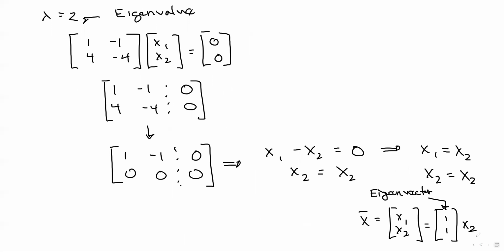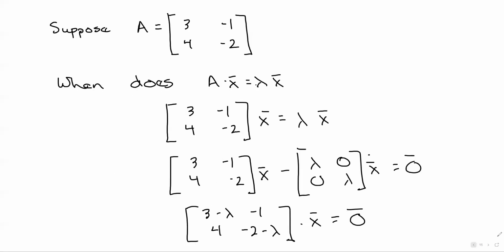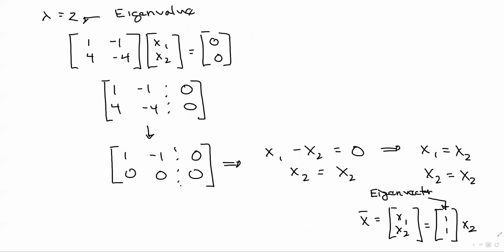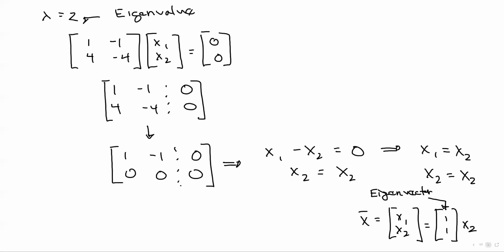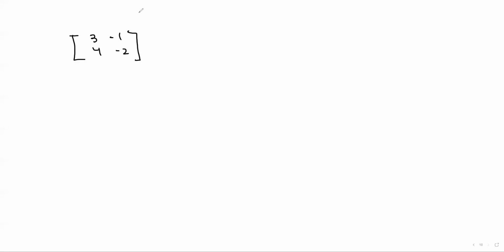And you could test that yourself. Let's go ahead and test it. We've got a is [3, -1; 4, -2]. That's our a. Did I copy that right? 3, -1. Yep, that's right. So that's our a, and our question is, if we multiply it by our x, what did we say our x was?